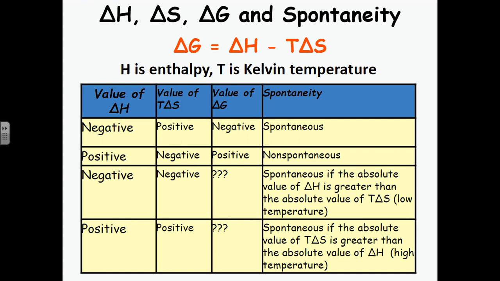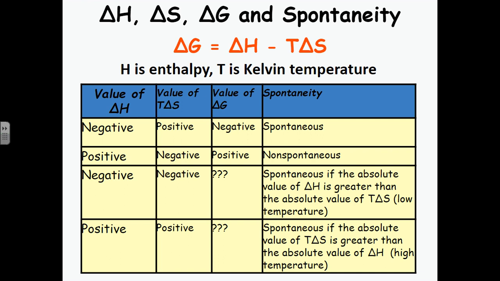Now, the latter two are conditional arrangements, meaning that it can be spontaneous or non-spontaneous depending on the conditions. So if you have a negative value of delta H, or a reaction that is exothermic, and then you have a value where somehow your T delta S value yields a negative number.